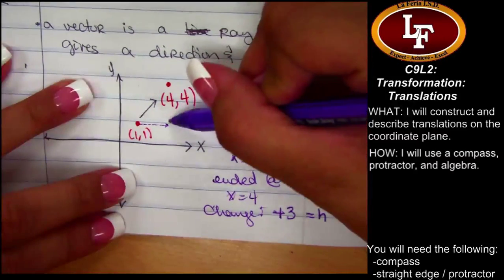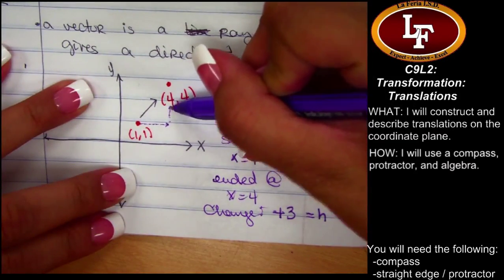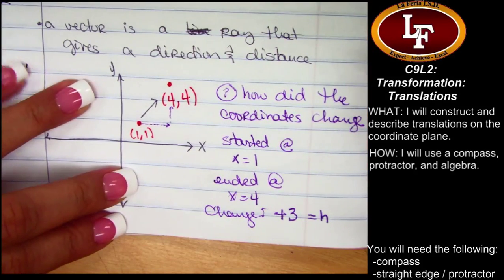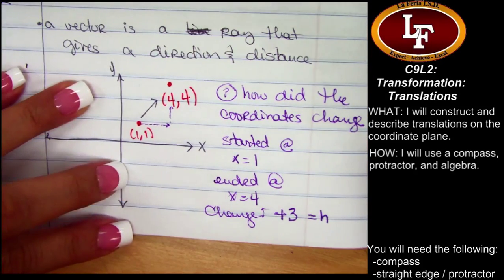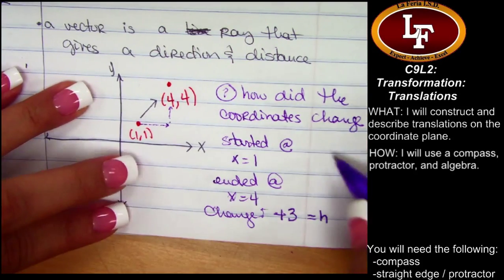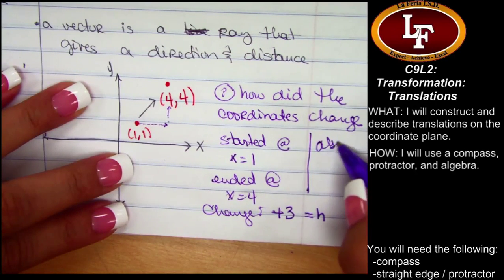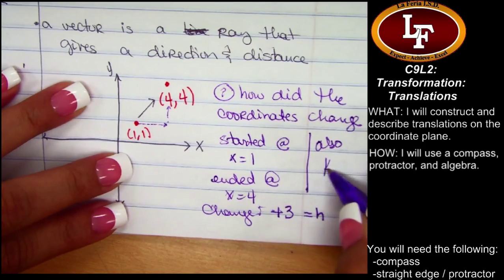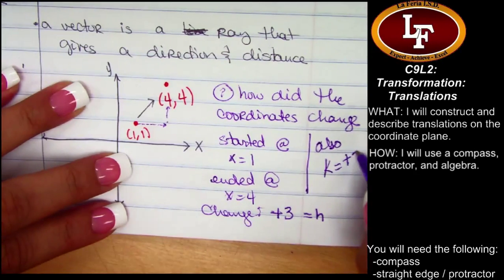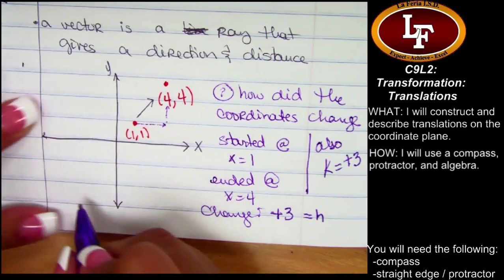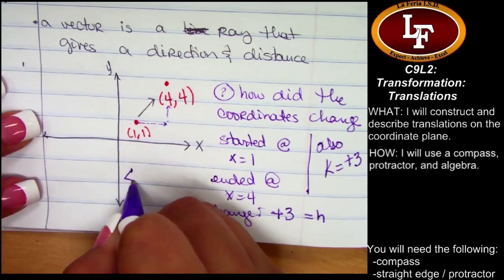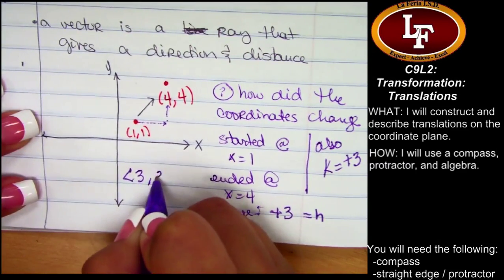Looking at the y's the same way, we can see that we also have a vertical translation of 3. And so k also equals a positive 3. In vector notation, that's going to read 3, 3.